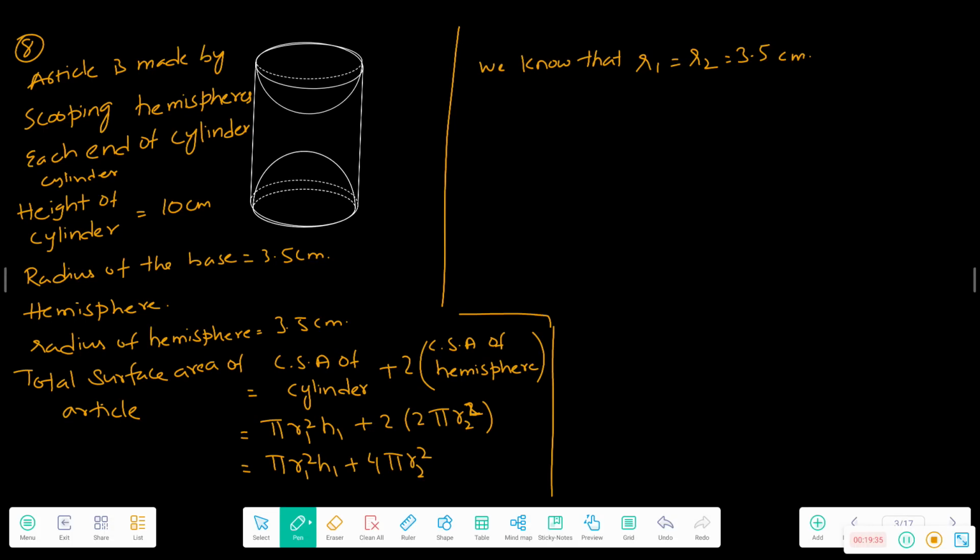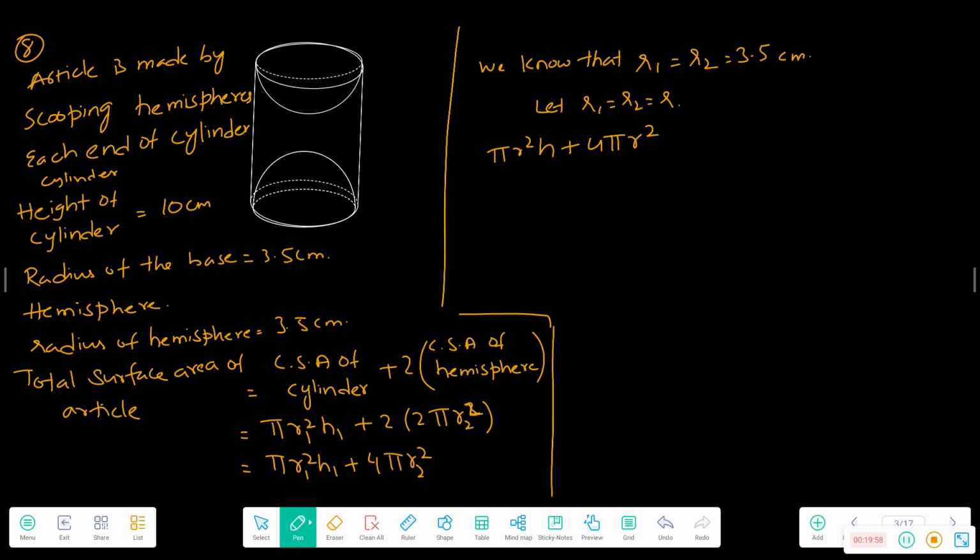Let r1 equal r2 equal r. So here it will become pi r square h plus 4 pi r square.